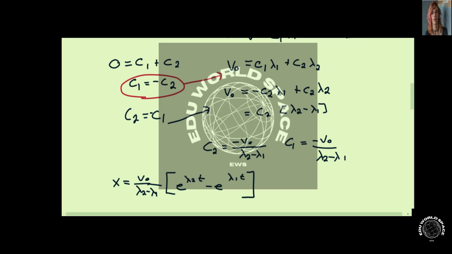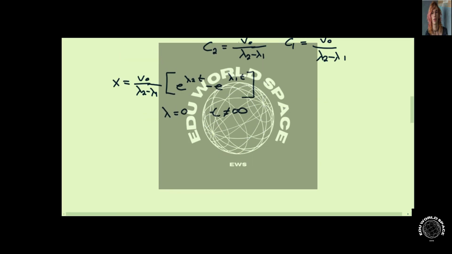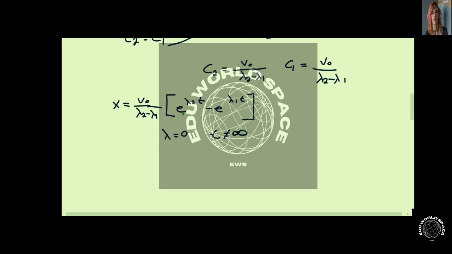And because of that, we know that x is going to equal 0. And your t, again, is not going to be equal to infinity. And so now we're just going to look into here. And when we do that, we get lambda 2 t minus lambda 1 t equals 0.